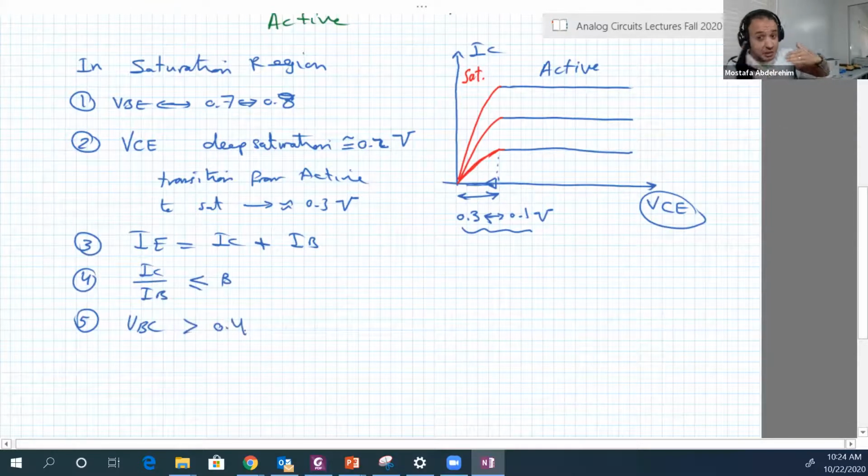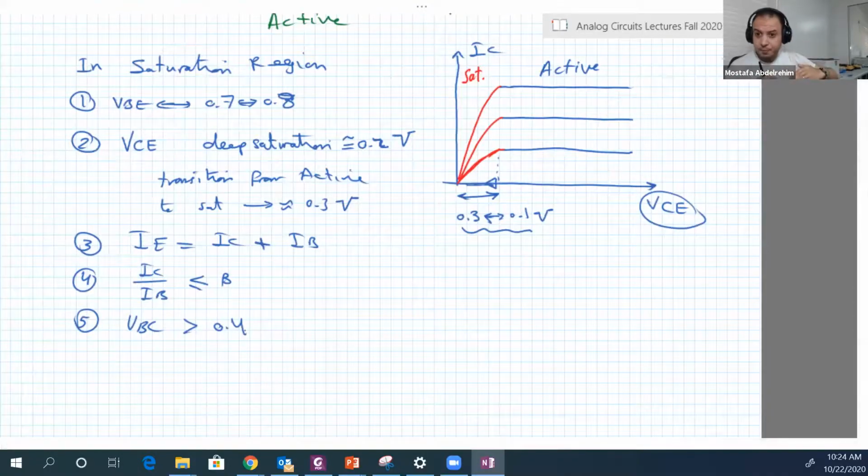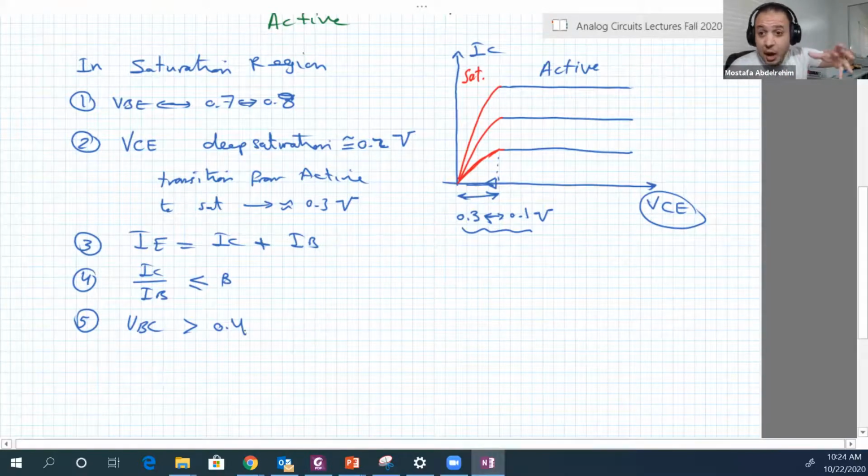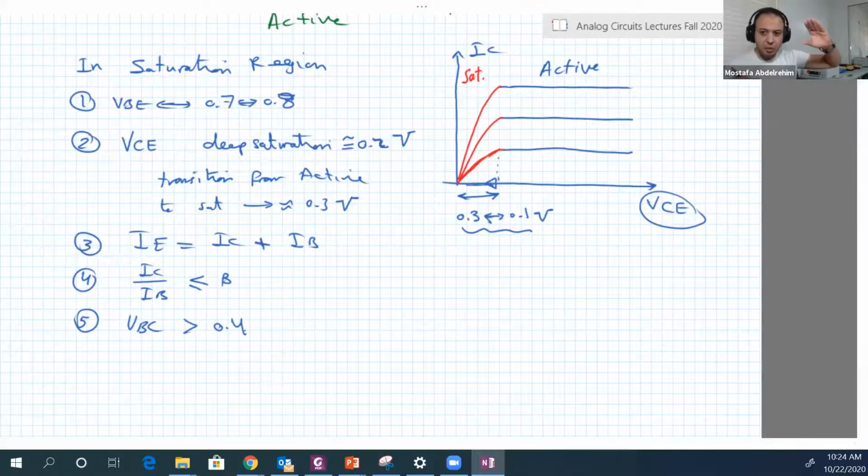That means if VBC is less than 0.4, the junction is still forward, but we are not strongly in saturation. We are still somehow active, because the current flowing from the base-collector junction is small.